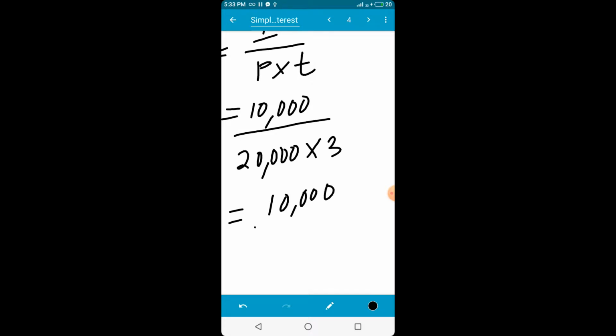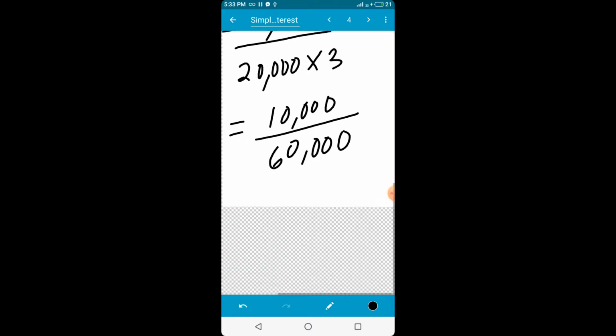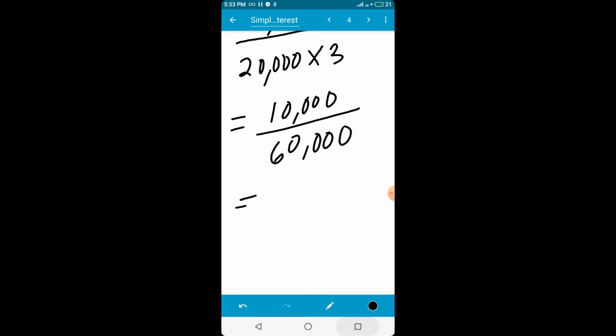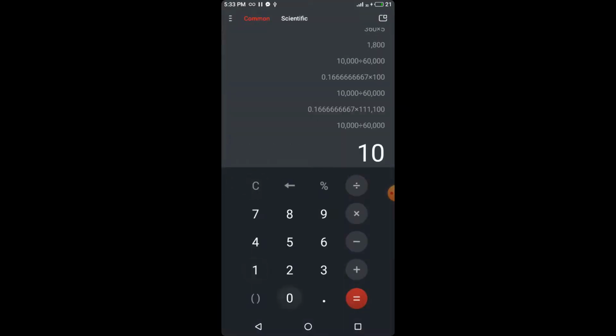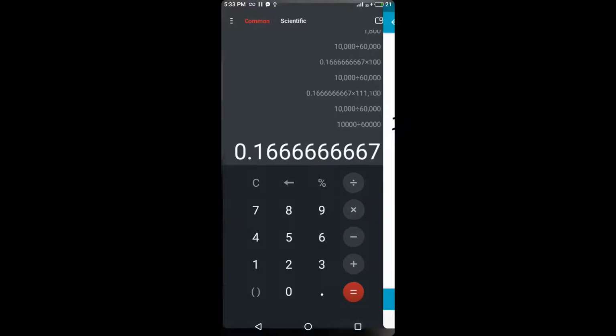10,000 over, so 20,000 times 3, that is 60,000. So now, let's divide them. We have 10,000 divided by 60,000. Alright, so that is the answer. Let's round it off to the nearest hundredth. So it will become 0.17.